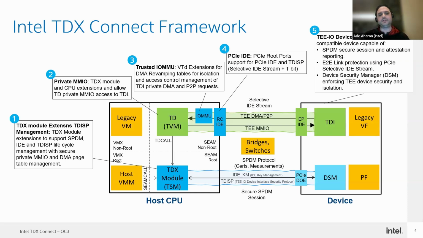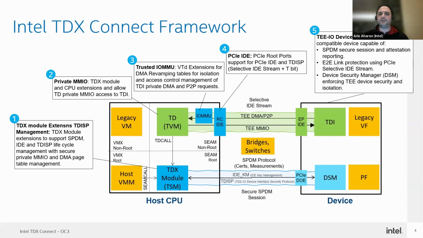The third component is the extension of our VT-d with the trusted IOMMU. The trusted IOMMU extensions provide trusted DMA remapping structures and tables, which are explicitly controlled by the TDX module to ensure the isolation, again, so that DMA and device peer-to-peer can only access the TCB of the TDs they're assigned to.